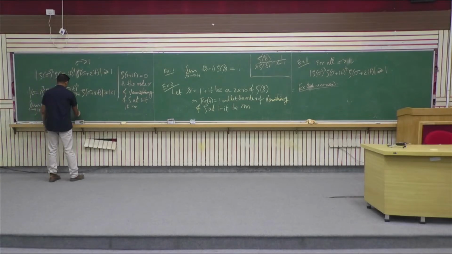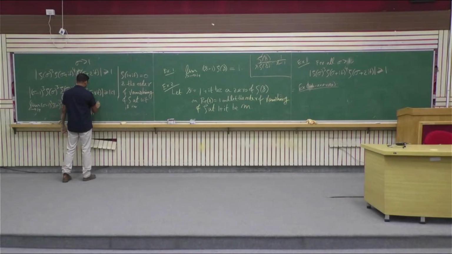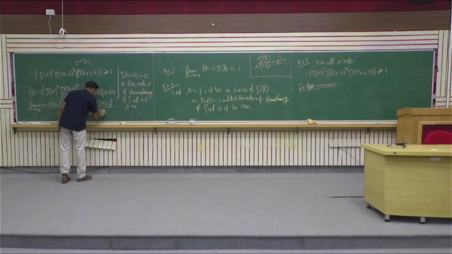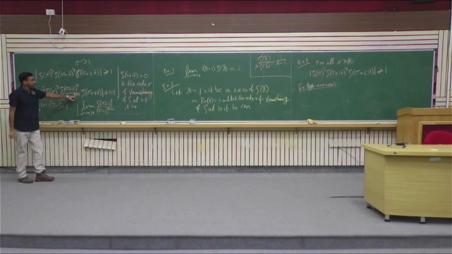Then you have the limit as sigma goes to 1 plus of sigma plus it, whole to the power 4m, excuse me, 4m. This is not just m, this is 4m.